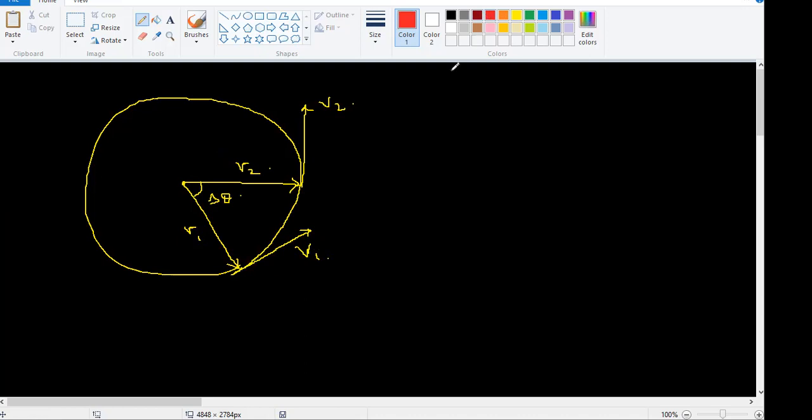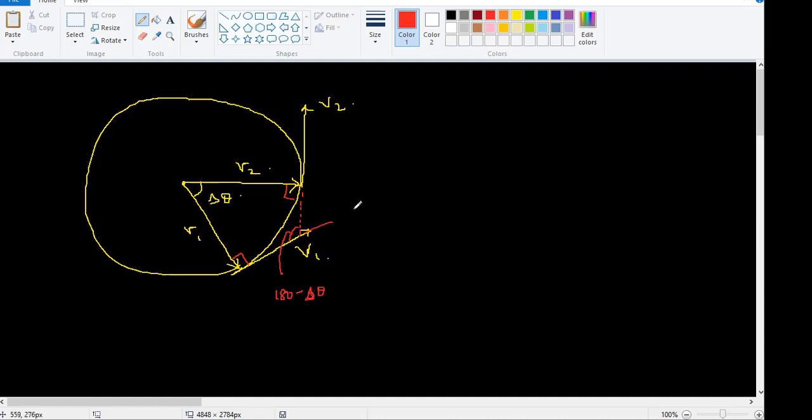So if I extend this line over here, carefully listen, this is 90 degrees because this is radius and this is tangent. This is radius and this is tangent, which means this and this are 90 degrees. So this is 90, this is 90. This is like a quadrilateral, which means if this is del theta, this must be 180 minus del theta.